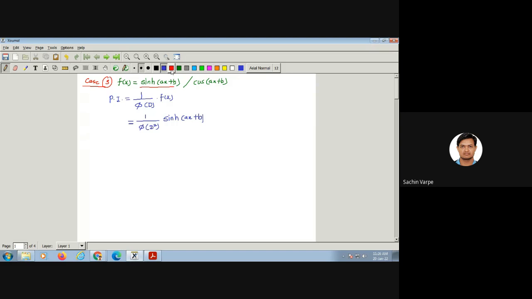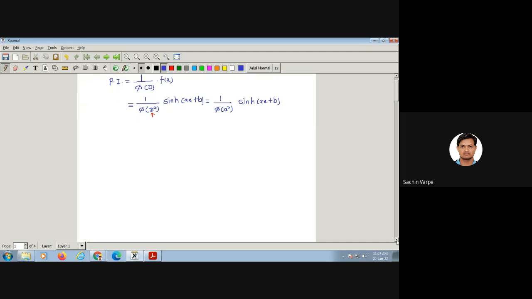So here the case says we just replace this D square by plus a square: 1 upon phi of a square, hyperbolic sine ax plus b. Okay, so this is the logic behind this particular integral.